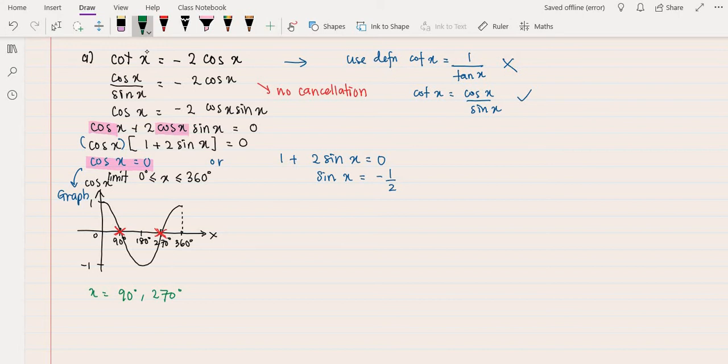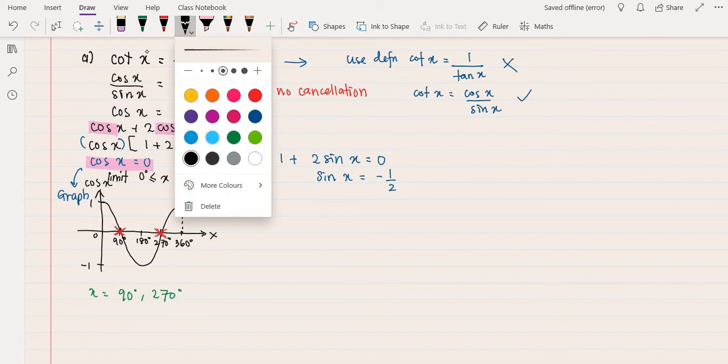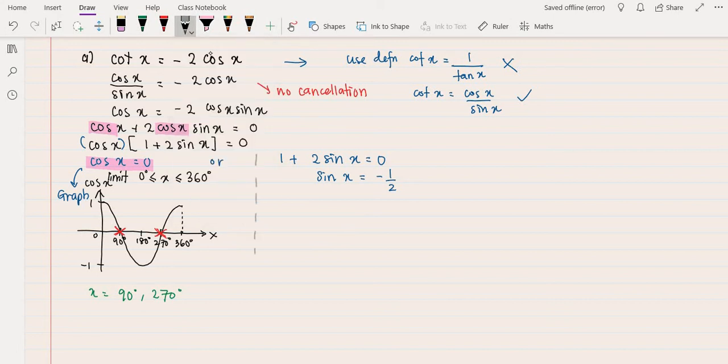Let's refer back to our second part. Okay, now what we have here is, let me just separate these two workings. Now what I have here is sine x is equal to negative 1 over 2. Our limit will stay the same, so it's okay if you don't want to rewrite the limit because our limit is still the same.